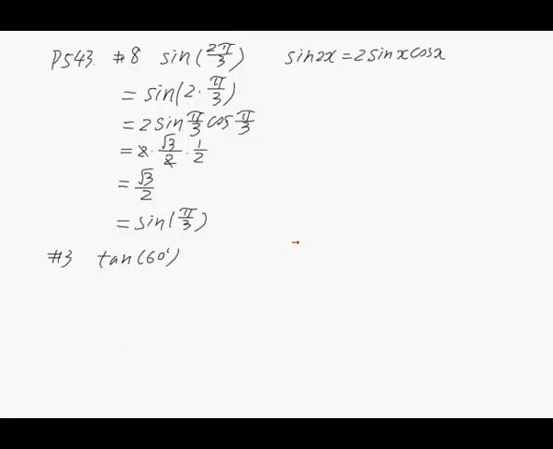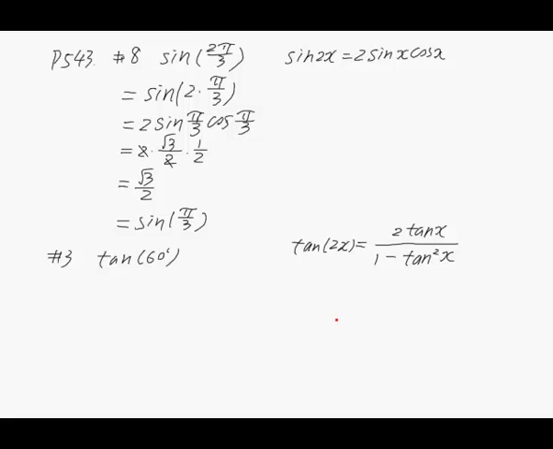So tangent of 2x is equal to 2 times tangent x over 1 minus tangent square x. Okay?